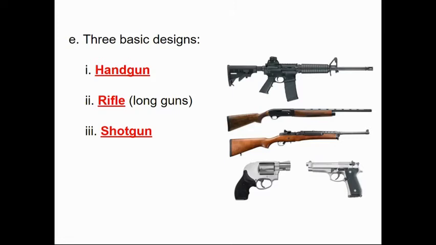A long gun, when used by the manufacturer's specifications, is normally intended to be fired from the shoulder. Of course, there are exceptions to this, but that is the general concept. So, a rifle and a shotgun are both types of long guns.